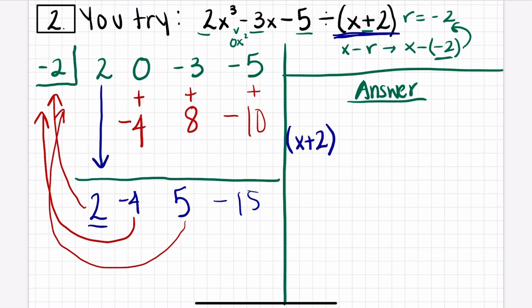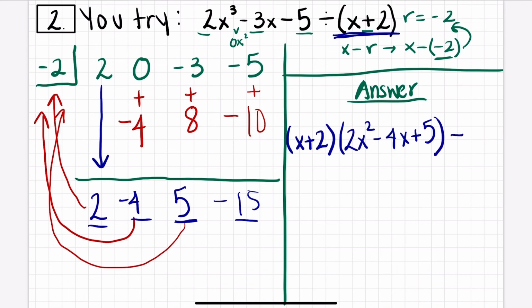And then these are your coefficients. So now it's x squared, so the coefficient for x squared is 2, 2x squared. The next one is x, which is negative 4x. Your next coefficient, there's no longer any x's, so it's just the coefficient by itself, 5.